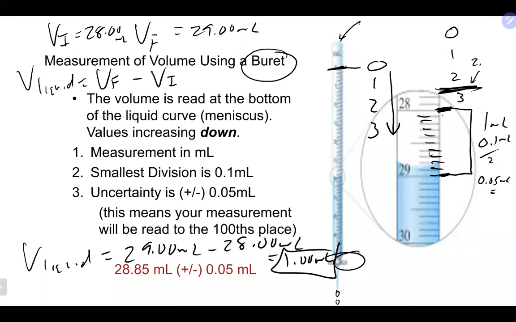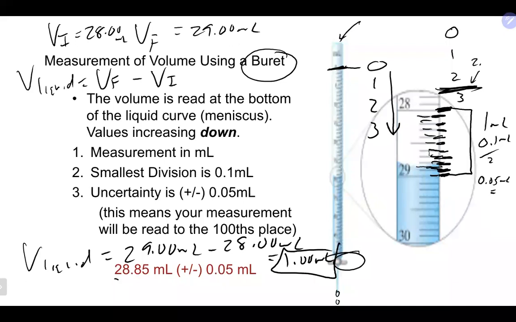So this is 28.1, 28.2, 28.3, 28.4, 28.5, 28.6, 28.7, 28.8 and 28.9 right there. So it is between the two markings.